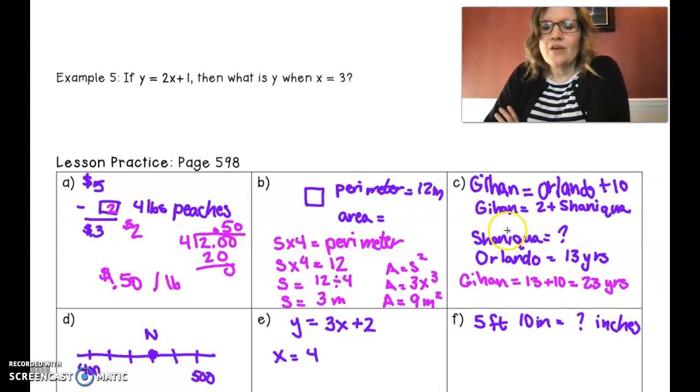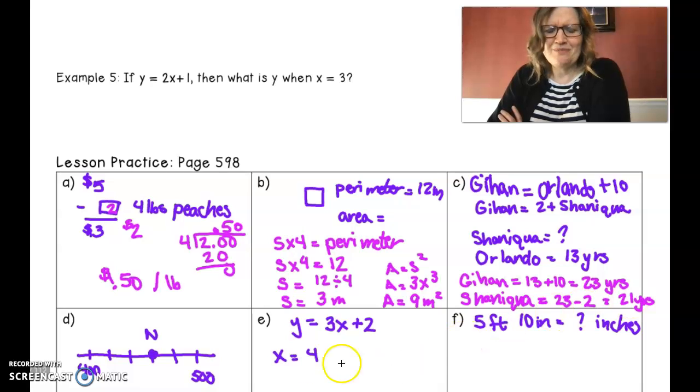Then, if we know that Jihan is 2 years older than Shaniqua, then we know that Shaniqua is Jihan's age minus 2 years, which equals 21 years. Don't you just love these puzzles?